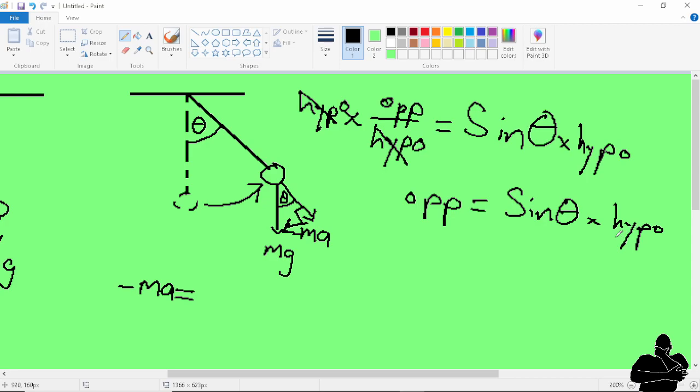So let's write that over here. The opposite side, negative ma, is equal to sine theta multiplied by the hypotenuse. The hypotenuse here is mg, so we rewrite mg.